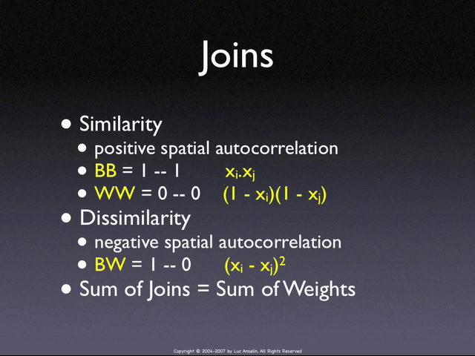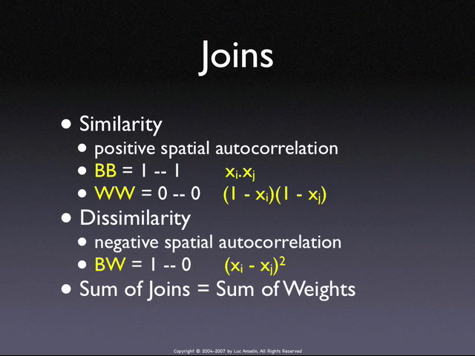Then let's go to the next situation, which is the complement, the zeros. Now we can't multiply the zeros together because they won't get counted that way. So we take the transform 1 minus 0, which in effect turns a 0 into a 1, and then we're back in the multiplication. So all the zeros subtracted from 1 become 1. If it's a 1 subtracted from 1, it becomes a 0.